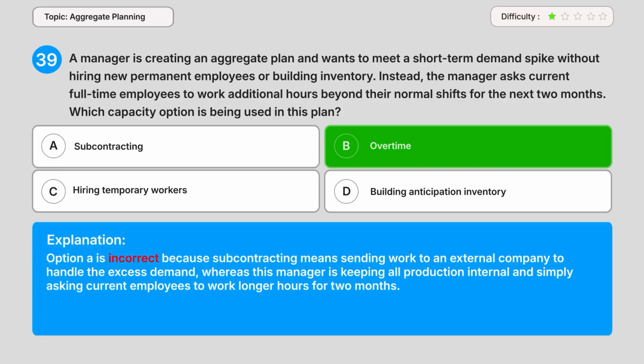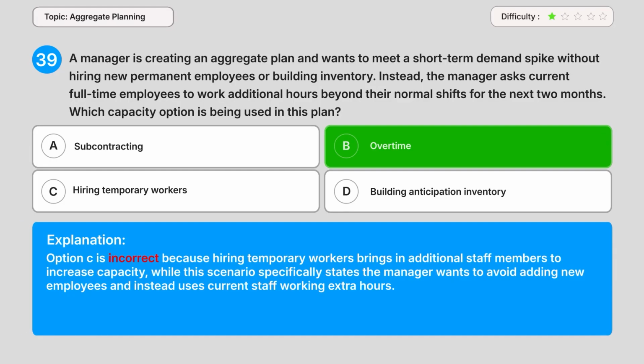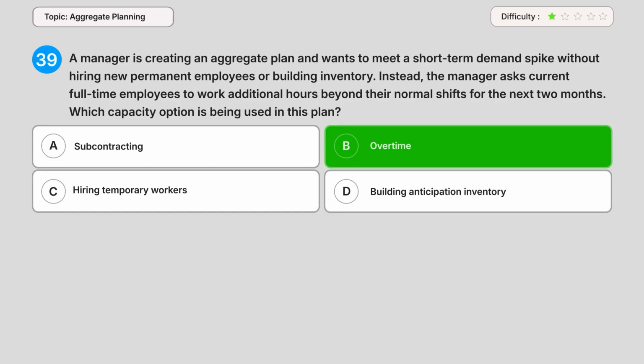Option A is incorrect because subcontracting means sending work to an external company to handle the excess demand, whereas this manager keeps all production internal and simply asks current employees to work longer hours for 2 months. Option C is incorrect because hiring temporary workers brings in additional staff members to increase capacity, while this scenario specifically states the manager wants to avoid adding new employees and instead uses current staff working extra hours.